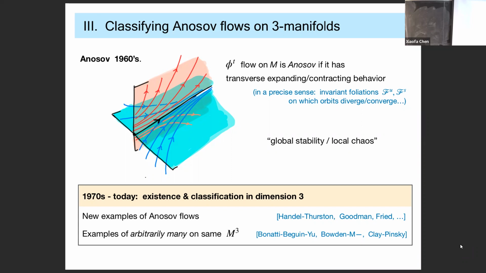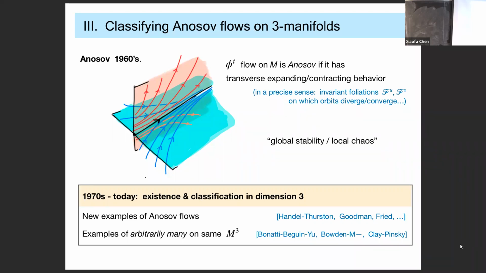In fact, it wasn't something special to geodesic flow. The properties that you need to prove this result, to generate these rich and yet stable dynamics, were just the fact that there was some kind of transverse expanding and contracting behavior. So exactly the picture here that I've cartooned. What are these arrows?